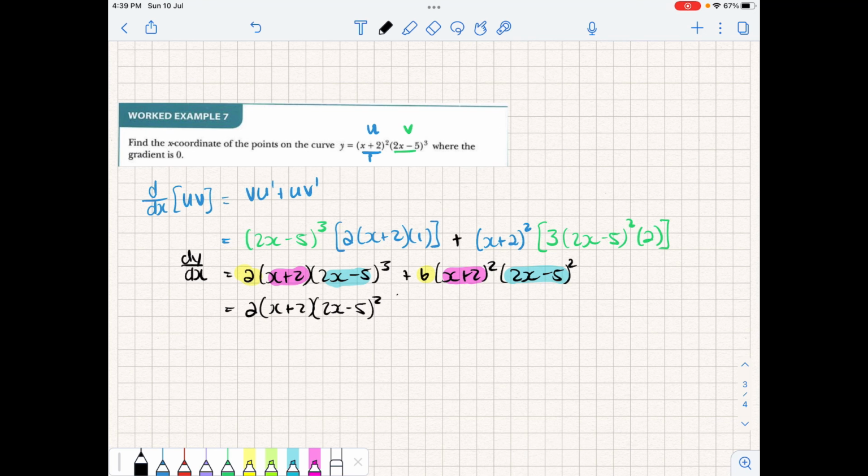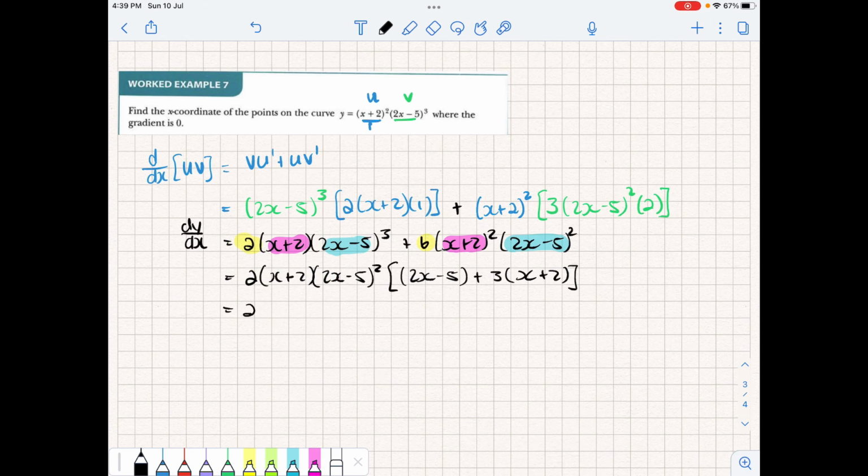And what will be left over is going to be 1 lot of 2x minus 5, and 3 times 1 lot of x plus 2. Right, we'll just tidy up that other bracket. So I'm just going to add these terms together. So 2x plus 3x gives me 5x, and negative 5 plus 6 is going to give me plus 1.